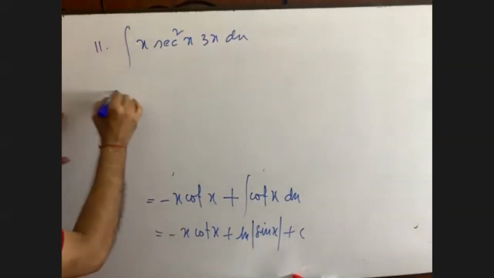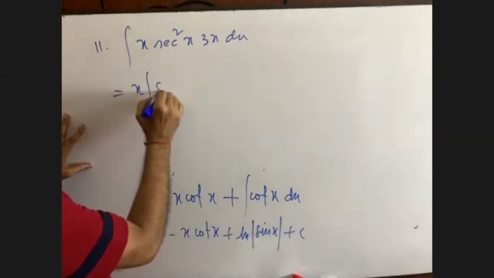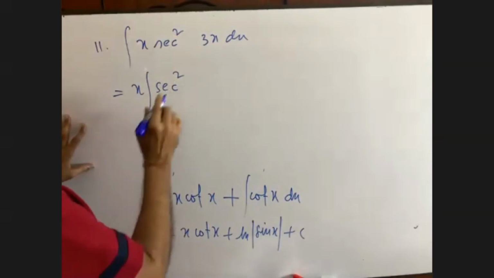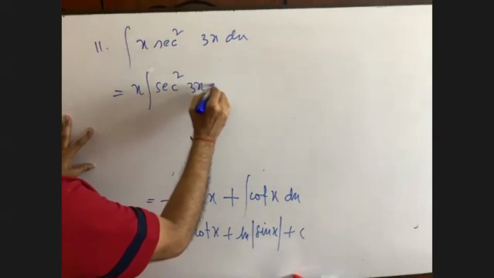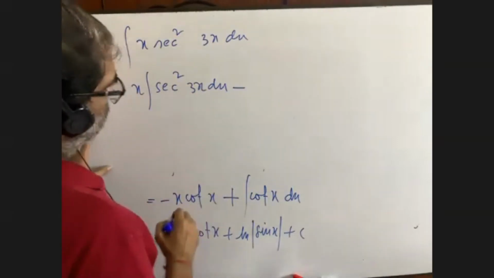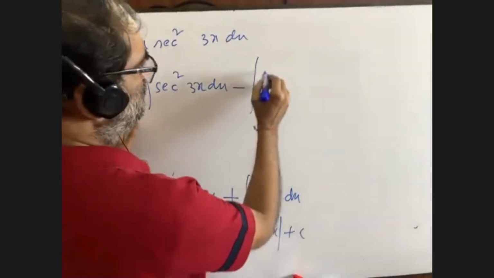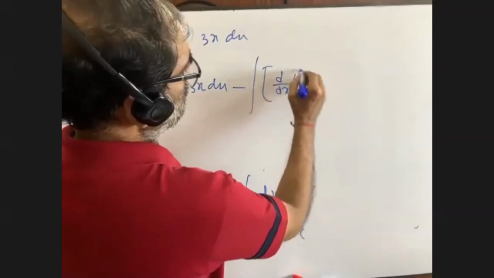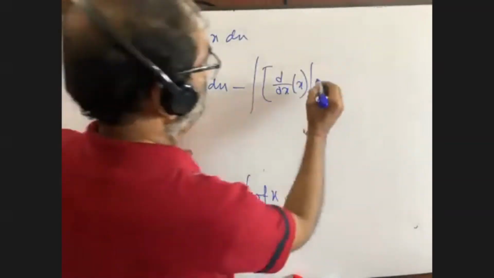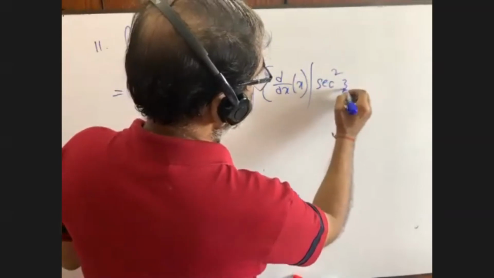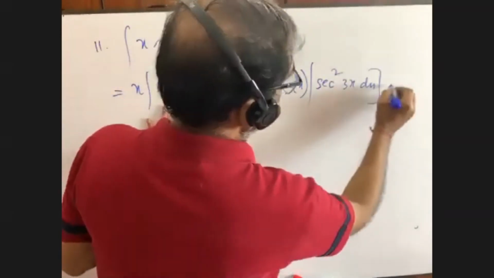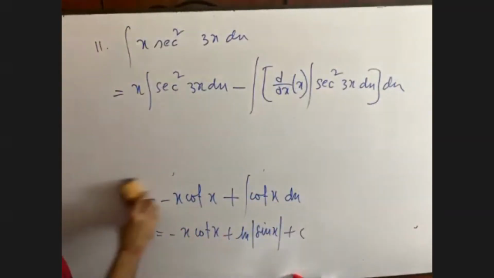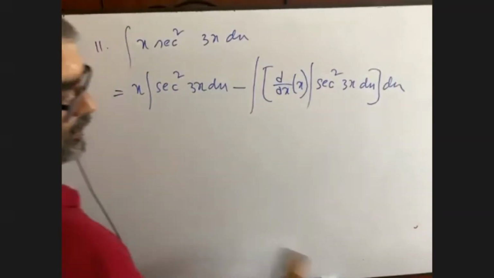Not a matter, it is x sec square 3x dx minus the integration of [d by dx of x times the integration of sec square 3x dx] dx. Okay? Are you getting it?